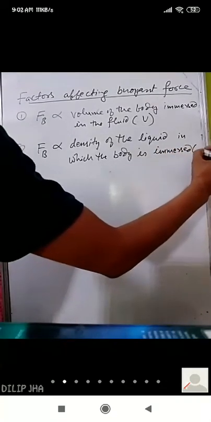We denote this by rho. Density we have studied in the last class, so we take it as rho. Density of the liquid in which the body is immersed. And the third is: upthrust is directly proportional to acceleration due to gravity, capital G. So these are the three factors.